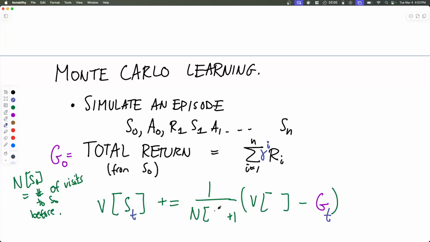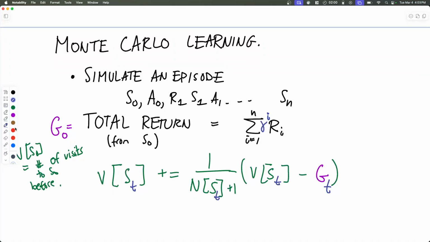How many times did you visit S sub t, plus 1, and then take the old average for S sub t and adjust it to be more like G. So this was the learning we did last time. This is a nice way: you simulate the episodes, and then you adjust the V's.